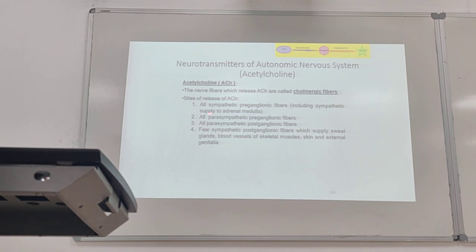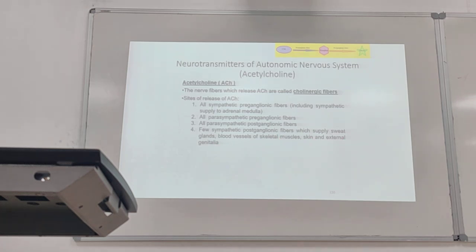All sympathetic preganglionic fibers, all parasympathetic preganglionic fibers, all parasympathetic postganglionic fibers, and few sympathetic postganglionic fibers which supply sweat gland, blood vessel of skeletal muscle, skin and external genitalia.